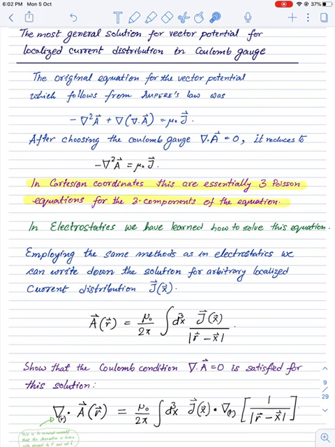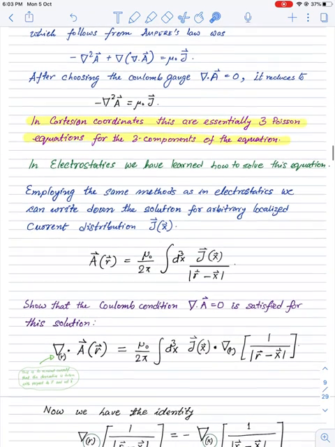And we have now learnt in electrostatics how to solve these. We know what the Green's function of the Poisson equation is, that is, the solution with a delta function source, and with the help of the Green's function it is immediately possible to write down a solution for this equation.